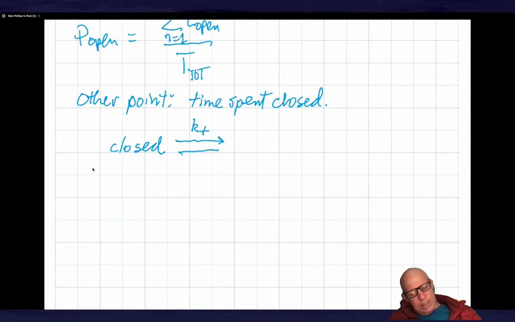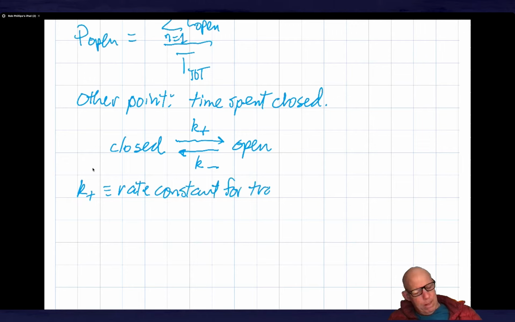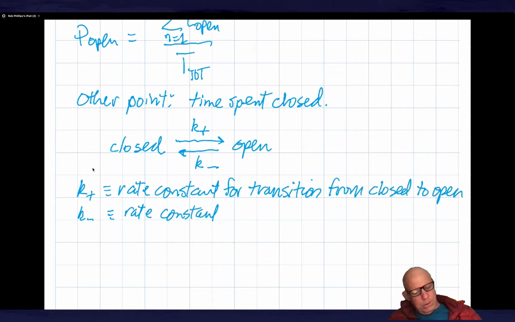And the kinetic scheme is going to be characterized by two rate constants. So K plus is the rate constant for transitioning from closed to open. And similarly, K minus is the rate constant that we will use for describing the transition from open to closed.